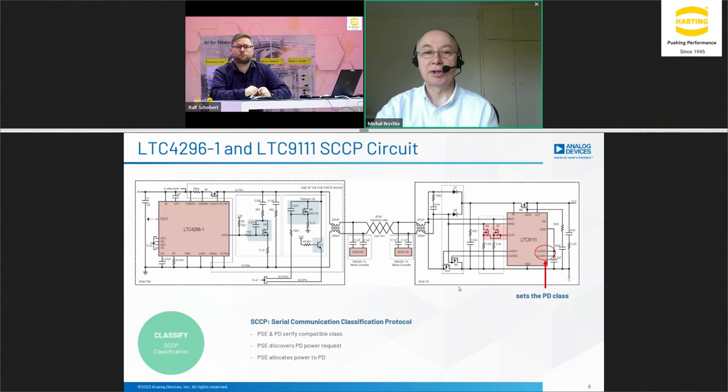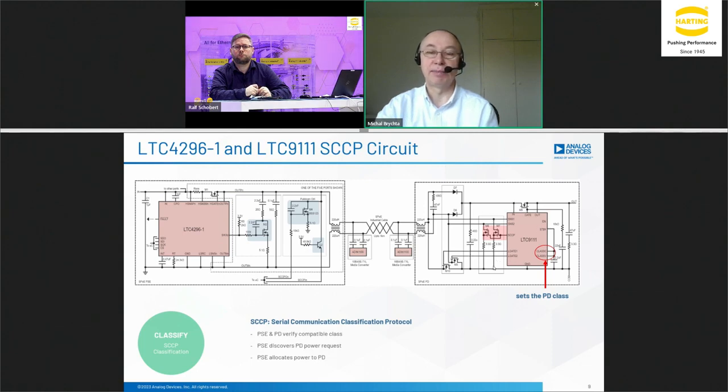But there is a communication, there is a serial communication classification protocol, standardized in IEEE, that makes these two devices talk, and they talk before they turn on the power. So at the start, the device on the left-hand side delivers only trickle power, something like 5-6 volts with very limited current, and looks for a device to be plugged in.